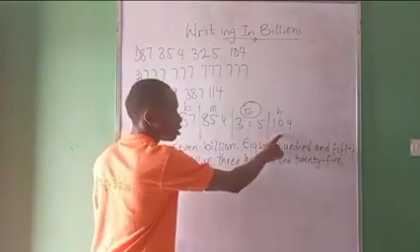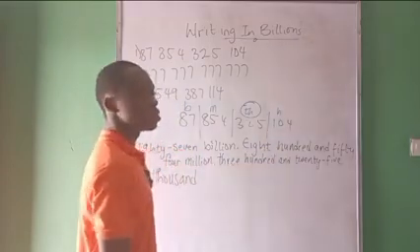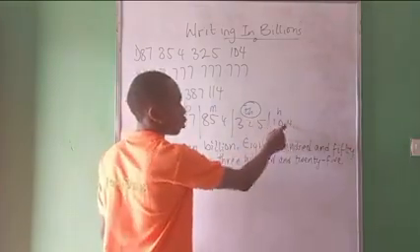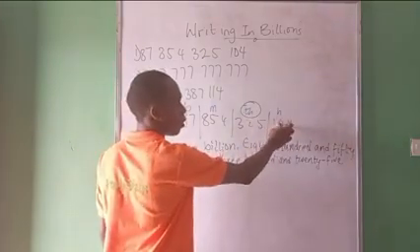Now, under the hundreds, what do we have? We have 104. What is 104? It is 104, not 140, because 40 is 4 and 0.